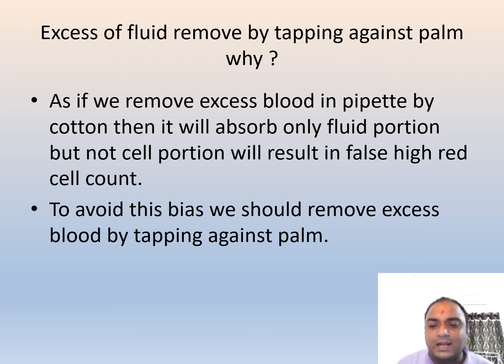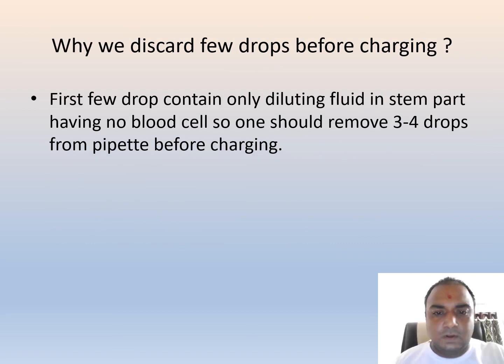So indirectly you are increasing the blood cells, which results in a falsely high cell count. To avoid this bias, we should remove the excess fluid sucked into the pipette by simply tapping against the palm.